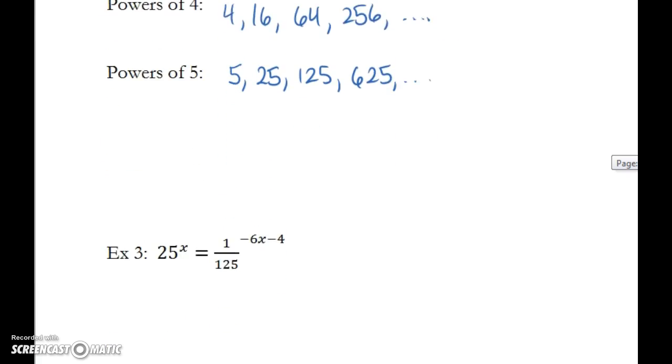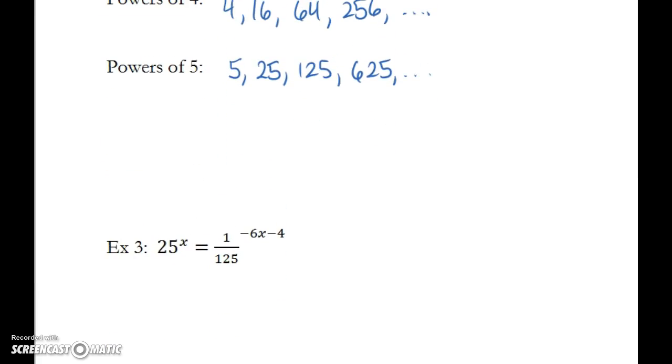Let's look at our last example here. Now here we have bases 25 and 1 over 125. We see these numbers 25 and 125 here in powers of 5. 25 is 5 squared. So let's change it to 5 squared. And the outer exponent is still x.